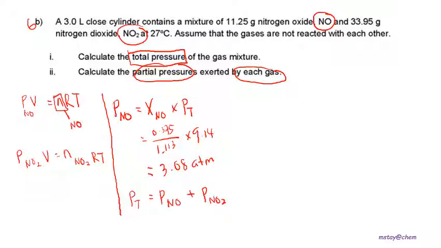So in 6b1, we already calculated the total pressure, and then we just calculated the partial pressure for the nitrogen oxide. Then for the partial pressure of the nitrogen dioxide, we're going to use 9.14 total pressure minus the partial pressure of the NO, which is equal to 6.06 atm.